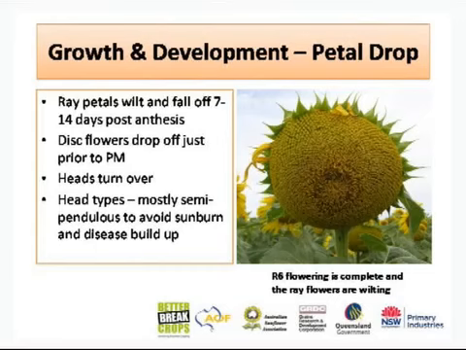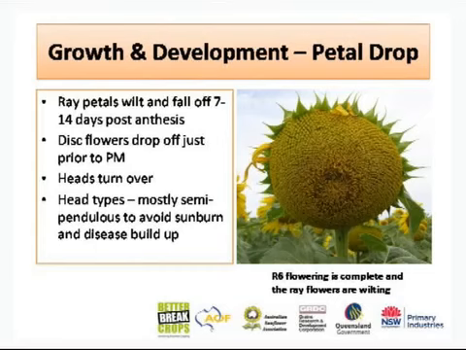Hybrids are variable in some ways in terms of their head type. Most of the variation is in terms of how they actually carry their heads, so whether they're more upright or whether they're quite pendulous. The move in terms of breeding has been towards hybrids with some level of pendulous head type, and that's to get away from sunburn.